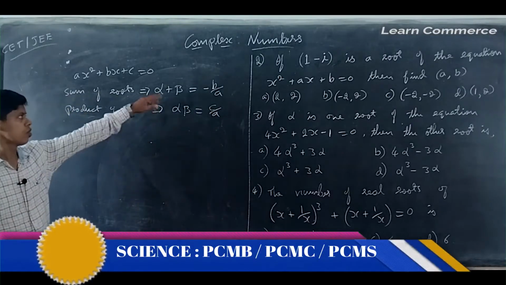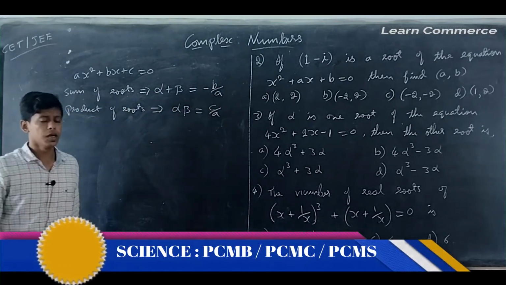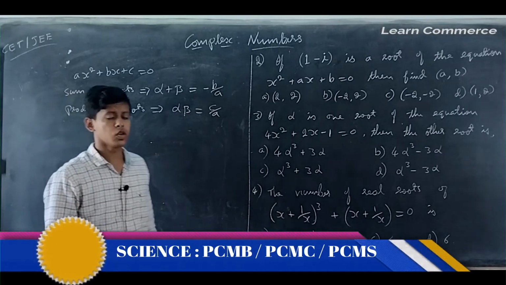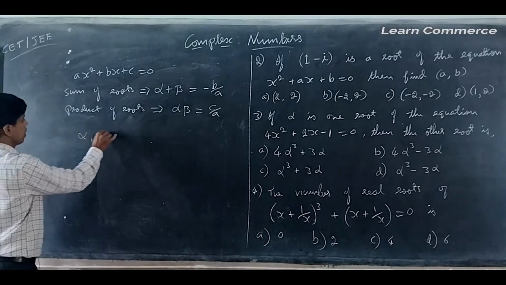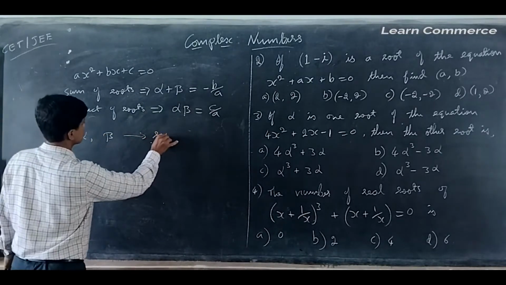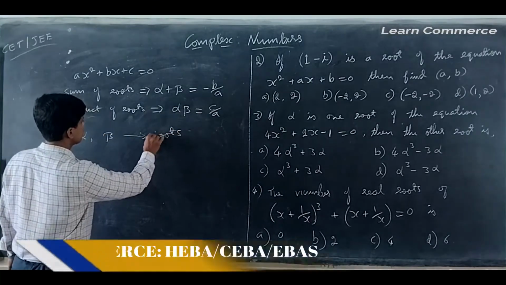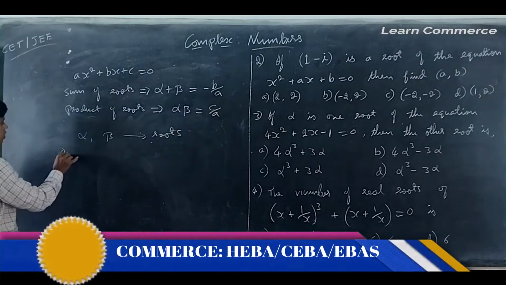So these are the two formulas that you have to remember for questions based on quadratic equations. And if alpha and beta are the roots, then what is the quadratic equation?